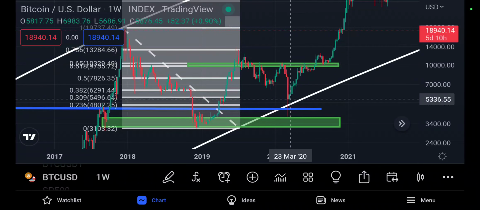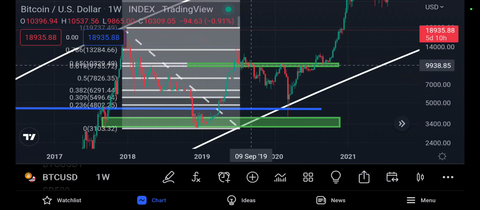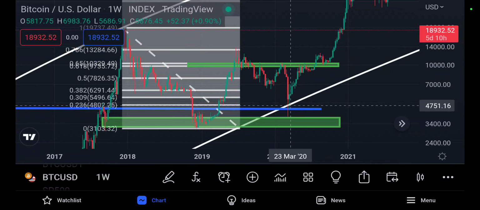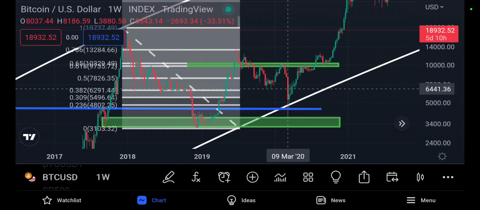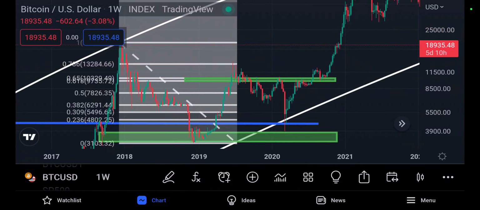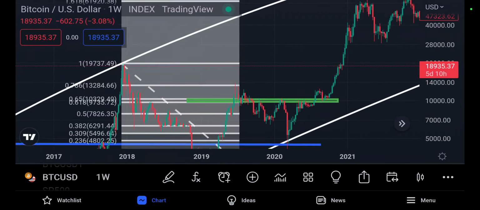During this time period, we technically should have stayed at the 0.618 Fibonacci, but since we had the COVID pandemic at that point, we pretty much got extended to the downside. So until we get above the 0.618, we would just be in a down period in the markets.